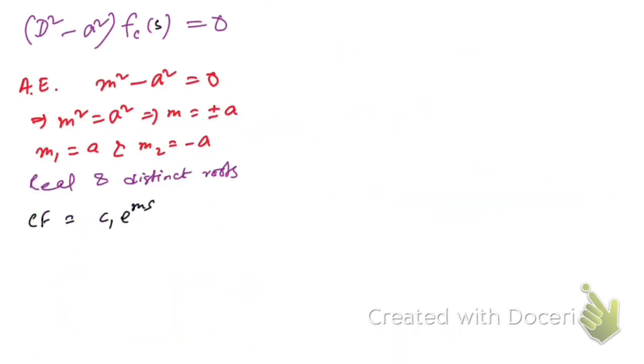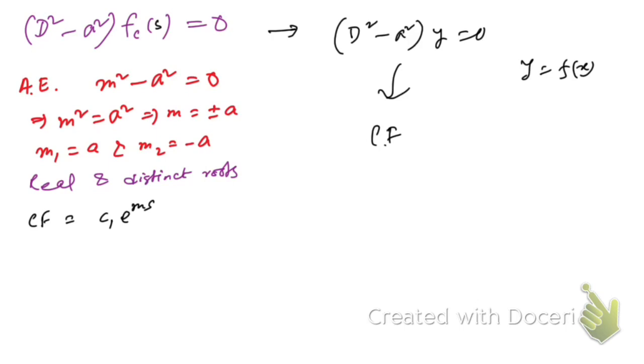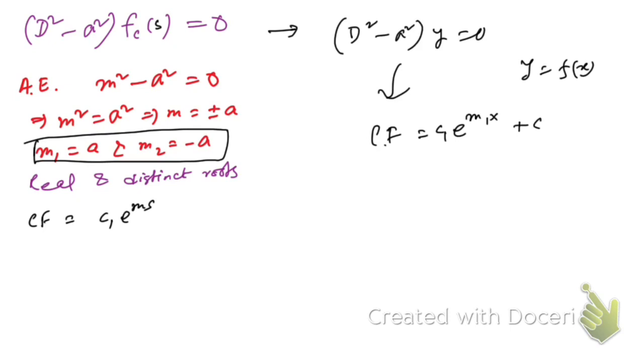Now if you compare with this equation D square minus a square, here y equal to 0, where y is a function of x, in that case it's CF. If we get real and distinct roots, then it should be given by C1 e to the power m1 x plus C2 e to the power m2 x. But here it is a function of s, so we're going to have m1 s, and m2 s.